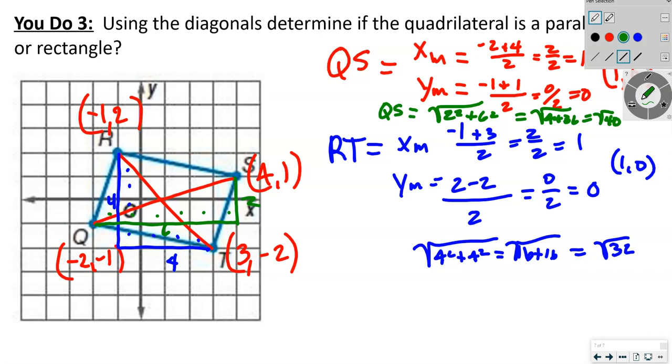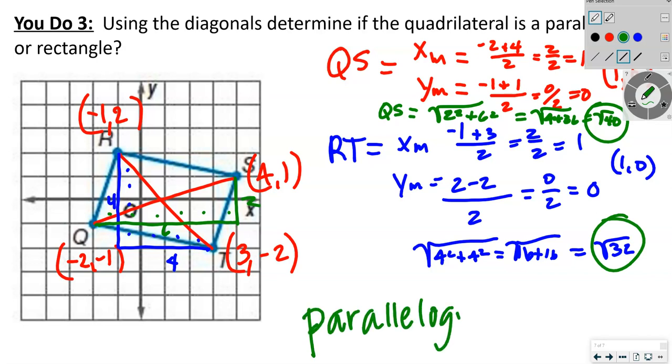What do you notice here? Are those equal? No. So this is simply a parallelogram. If the diagonals are not congruent, it can't be a rectangle or a square, because remember, a square is a rectangle. So keep that in mind as you're working through these types of problems.